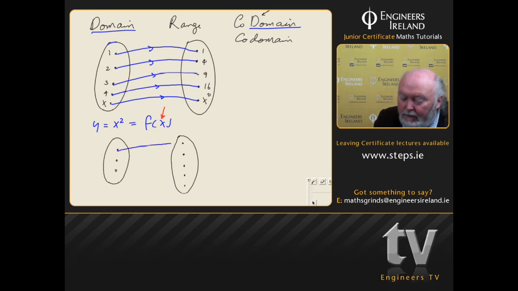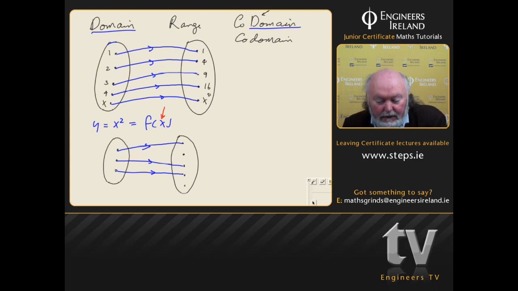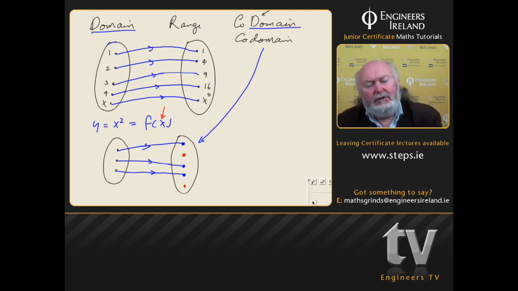All that matters is that this codomain contains all of the solutions, that one and that one. Now it also contains, as you notice, extra ones. Those extra ones are the only other possible solutions that you are allowed. So the codomain contains the range and the remaining allowable answers that you can have.